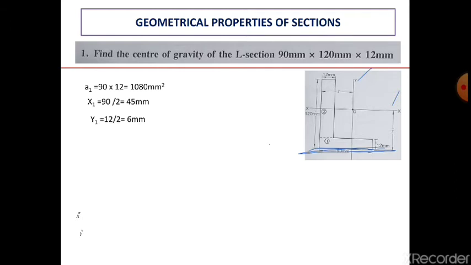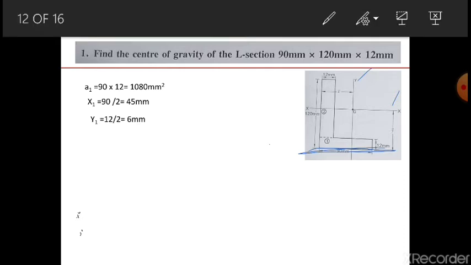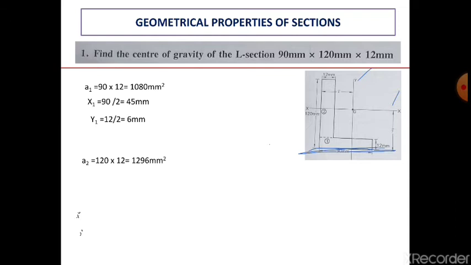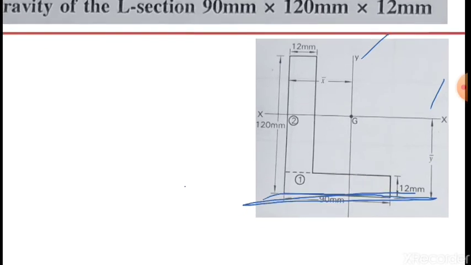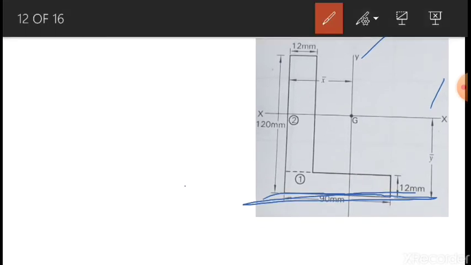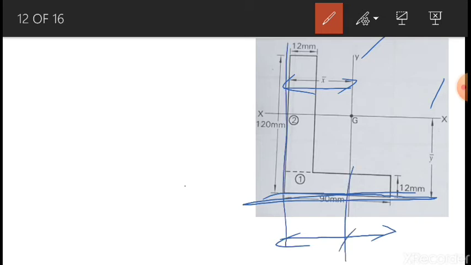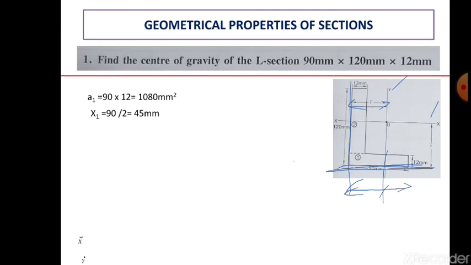Because you can see here, this is your x-axis, because it is your horizontal line. So when it says x1, you have to take this distance with reference to this axis. Half of that length, of the 90, you have to take. So it is taken as 90 by 2.